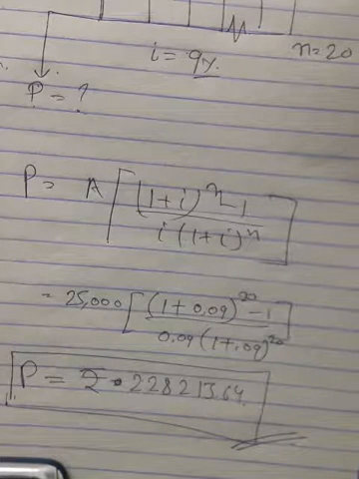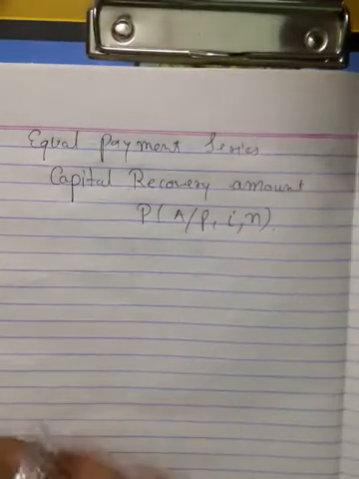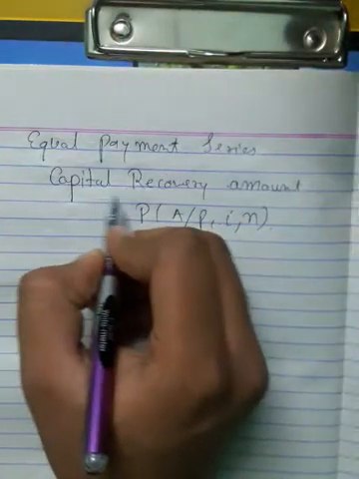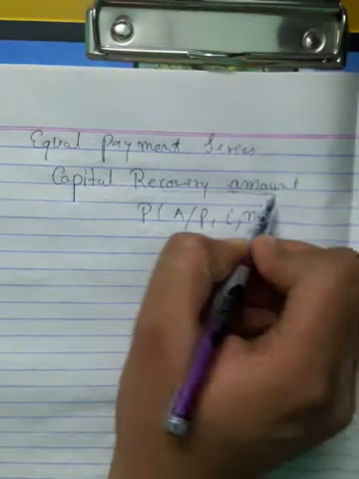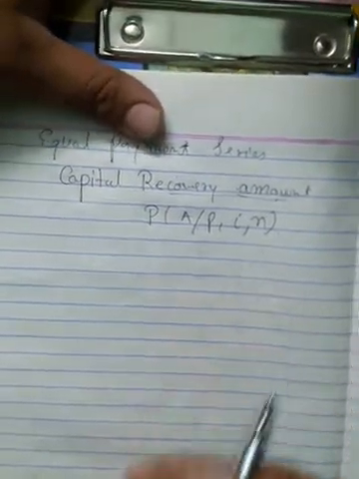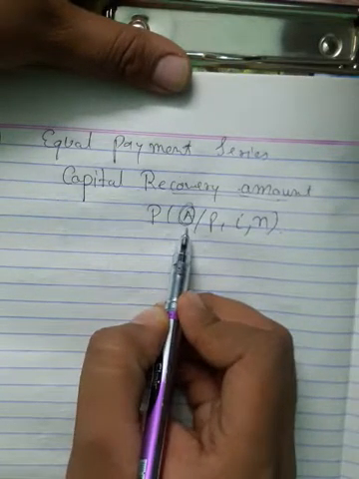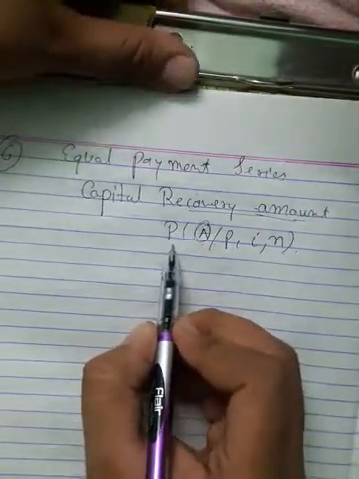Now moving further, the sixth one: equal payment series capital recovery amount. It is written as A by P, I and N. Here basically we do not know the annual amount.